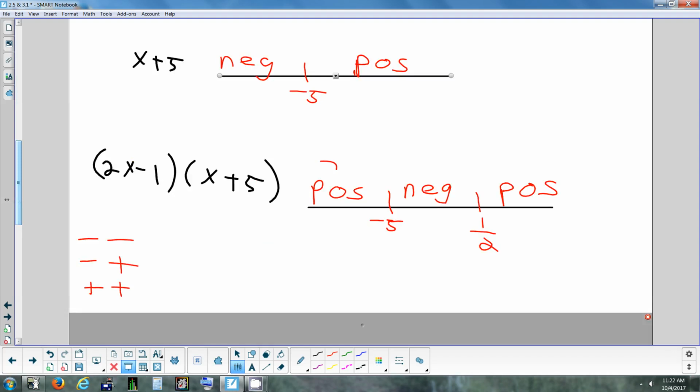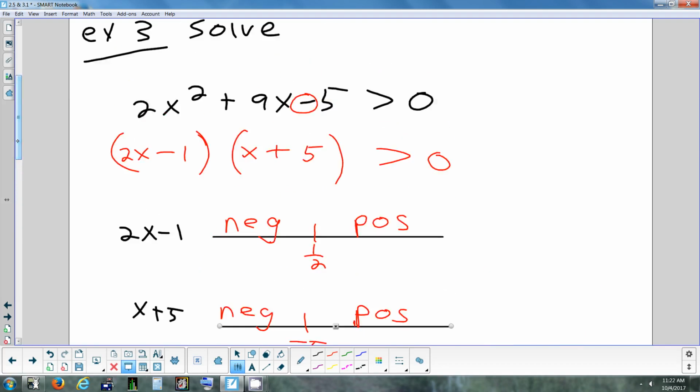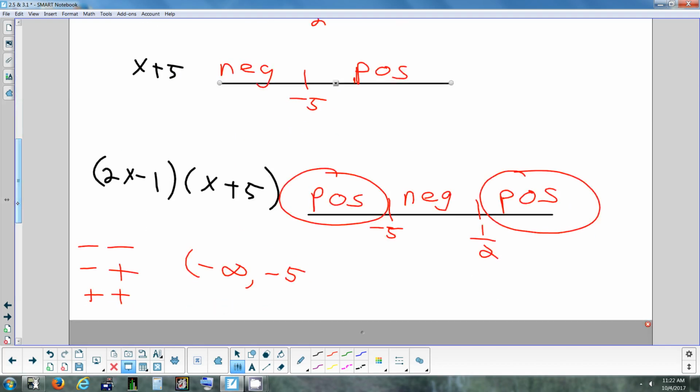Where are you positive? Here and here. So just describe that interval. So we can be from negative infinity, it just keeps going, up to -5. We have to see if we should include it. Can we equal 0? No, we have to be strictly greater than 0.